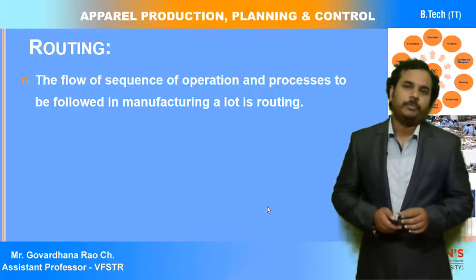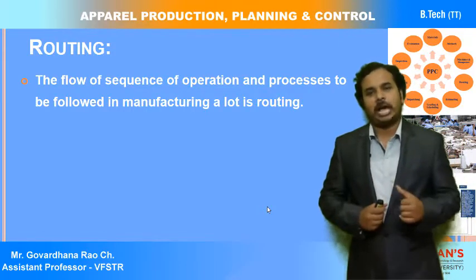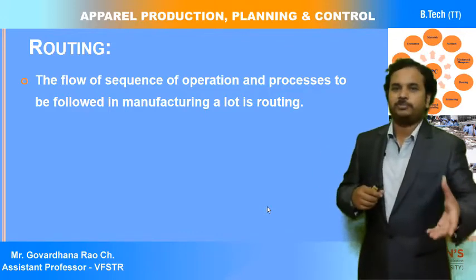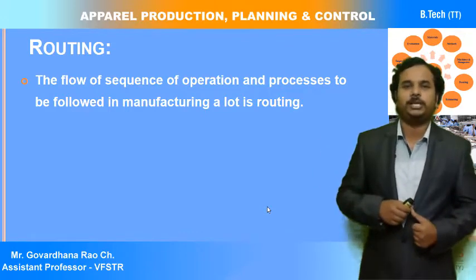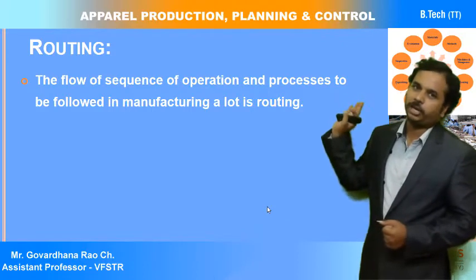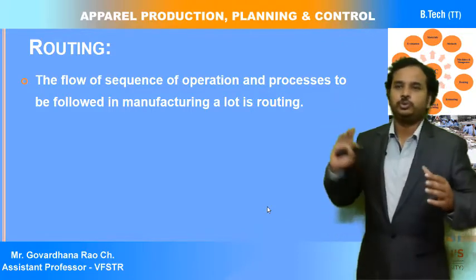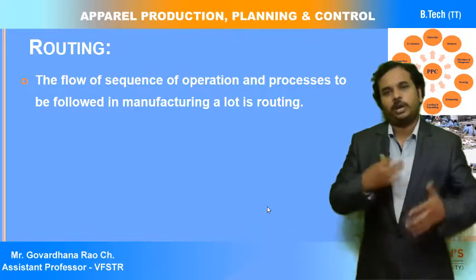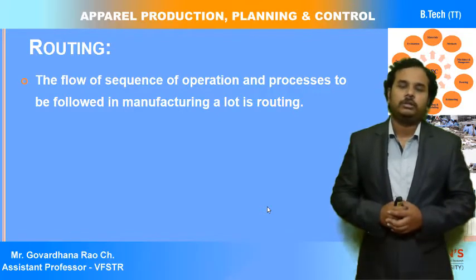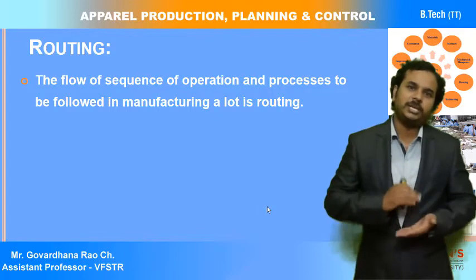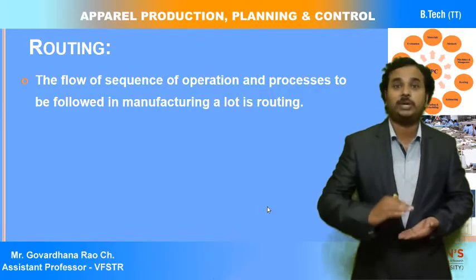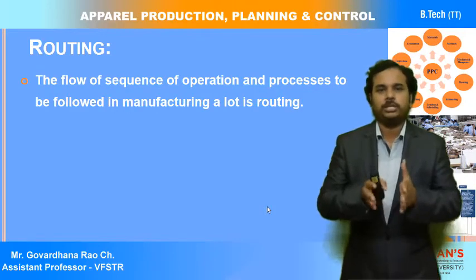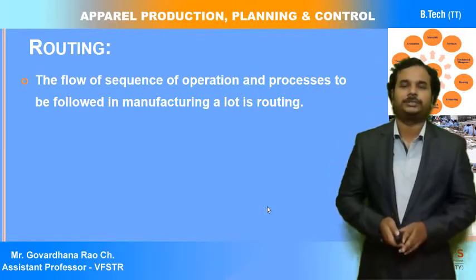For example, if we have a preparatory stage at the start and at the end, if the cuff is prepared at one place and the collar is prepared at another place, and these two have to be brought together in the middle of the line, then it will take more time. So there should be a sequence of operations and a sequence of processes. These components have to go in this manner only. This is called routing.